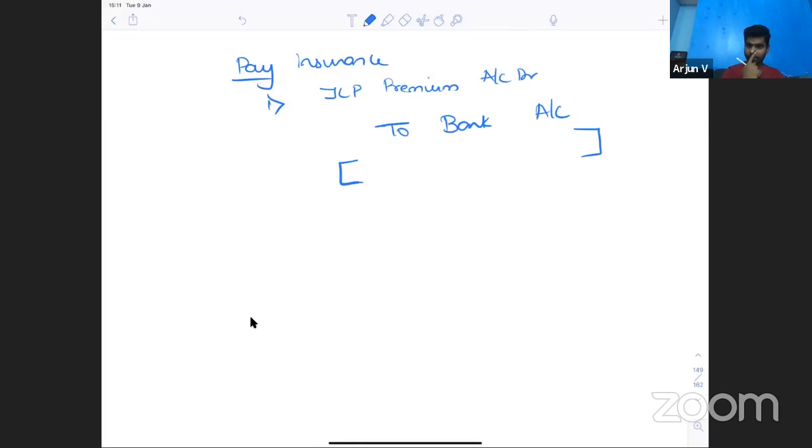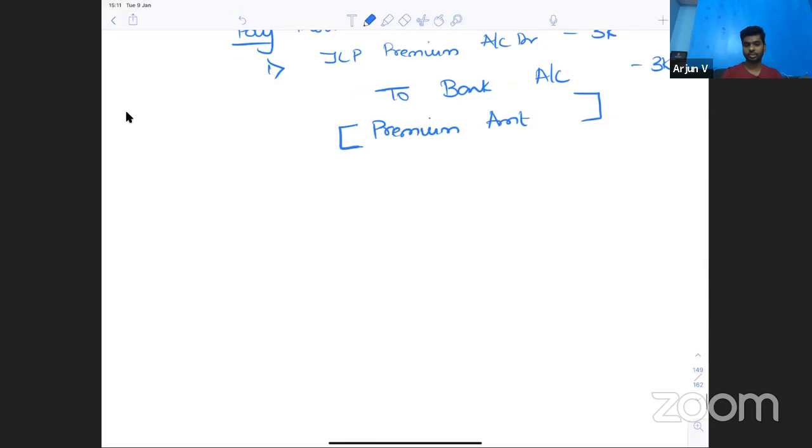This is going to be the premium amount every year. Let's say I paid 3,000, that is 1,000 per partner. This is the journal entry for paying the joint life policy amount. Are you clear?